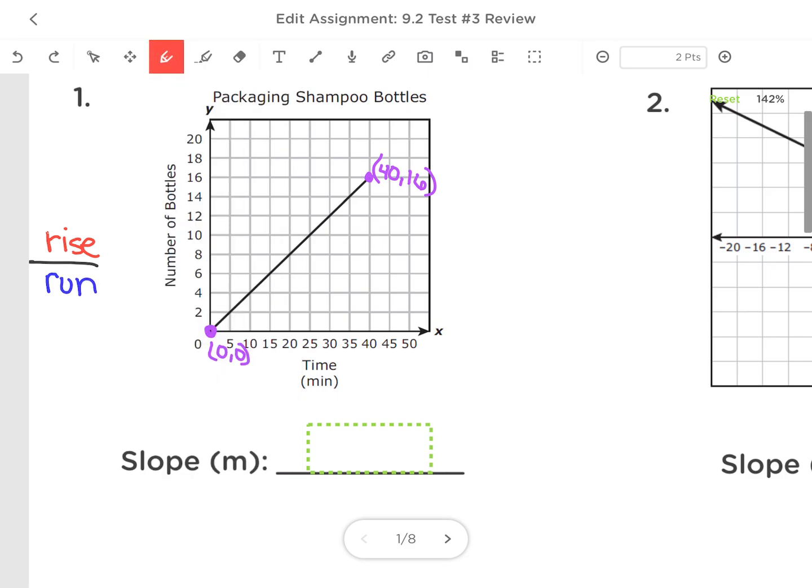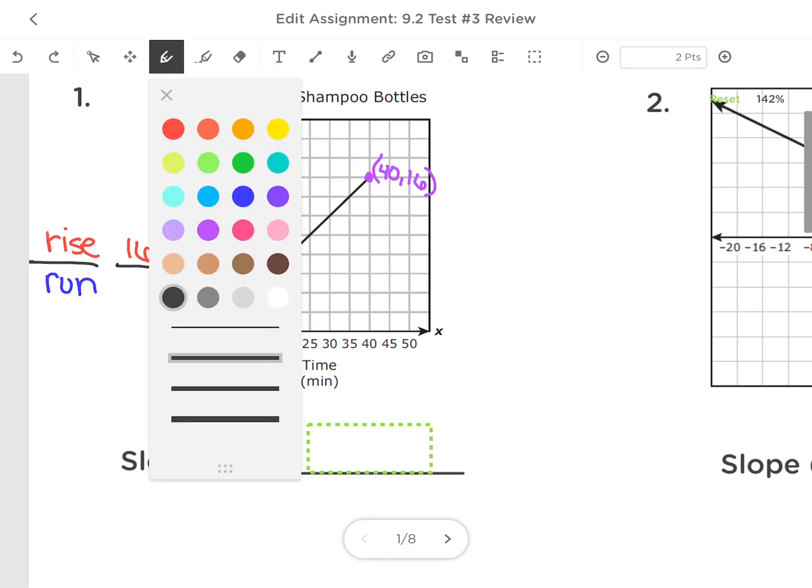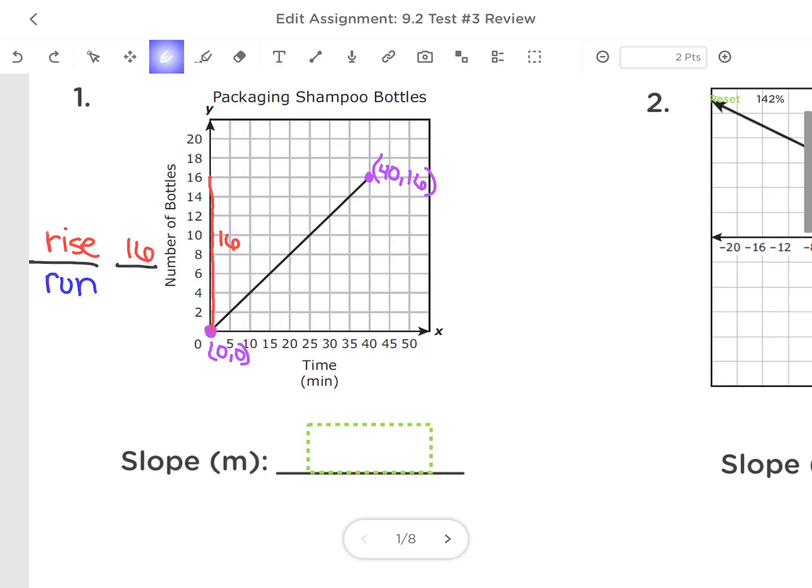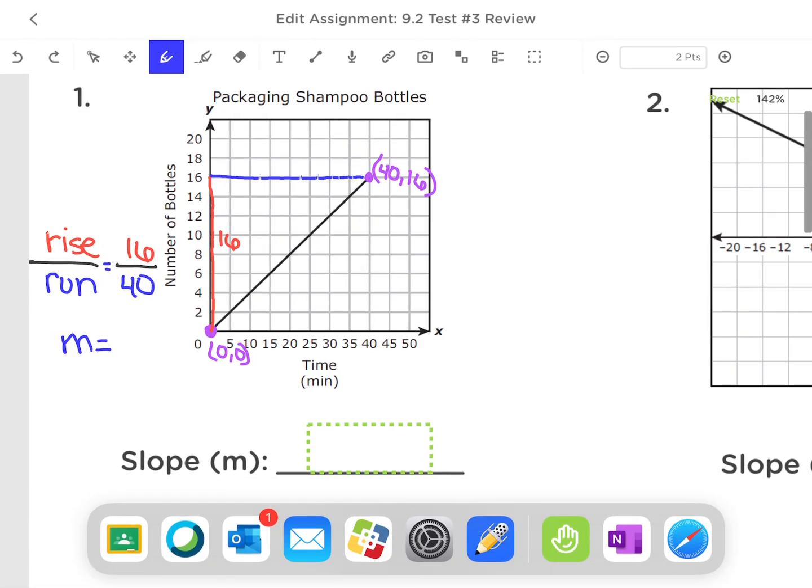So here we go. From 0, I go up 16. So that is my rise. And I go over 40. So in my calculator, I'm going to type in 16 divided by 40 so it simplifies it for me.